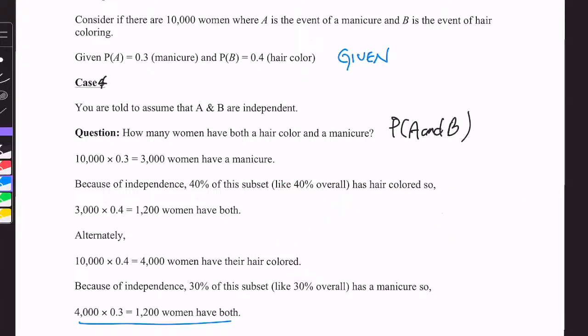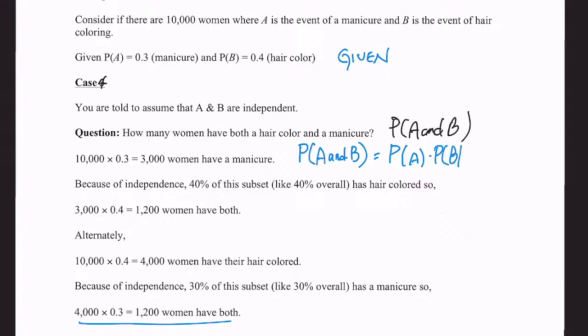What I mean is, okay, so probability of A and B, I told you, is the probability of, okay, so manicure was A, right? times the probability of B given A. So this is what I figured out.